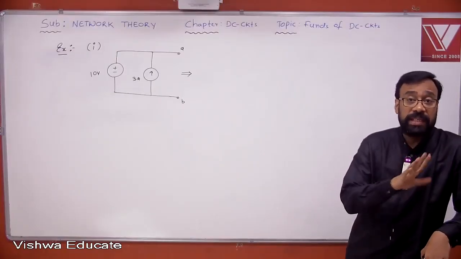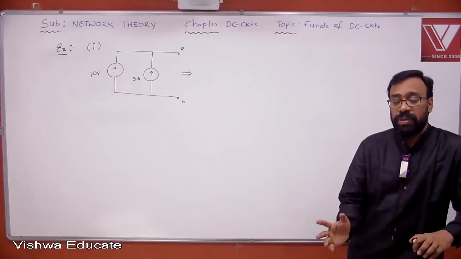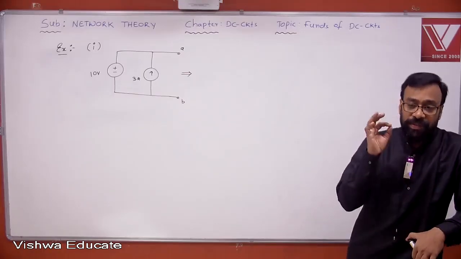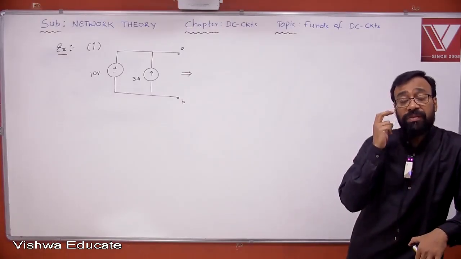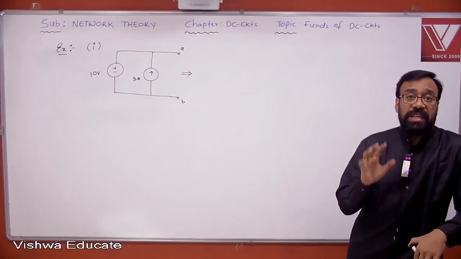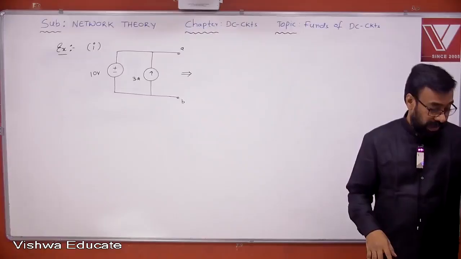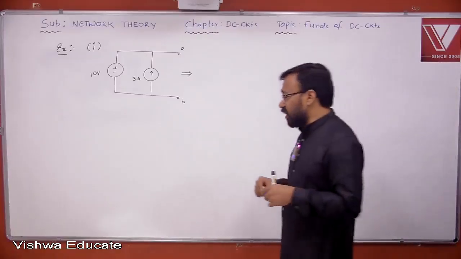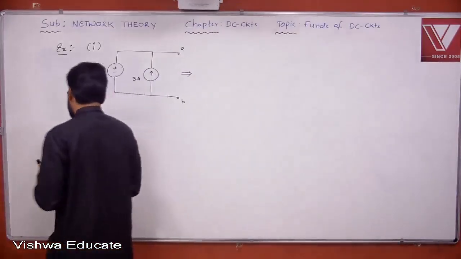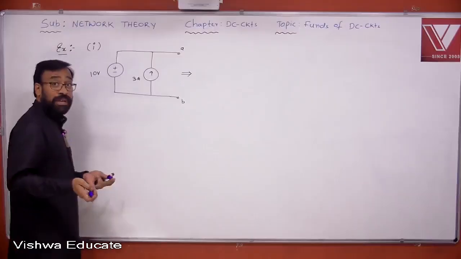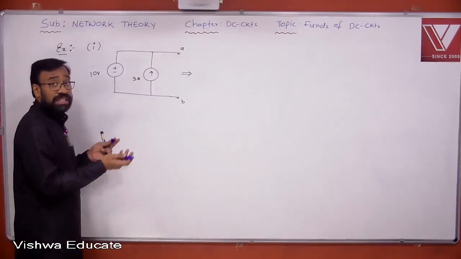Both. If KCL is satisfied but KVL is not satisfied, it's not a valid circuit. If they are satisfied, then definitely the entire circuit is valid. If KCL is happy, KVL is happy, we are also very happy, and we say it is a valid circuit.